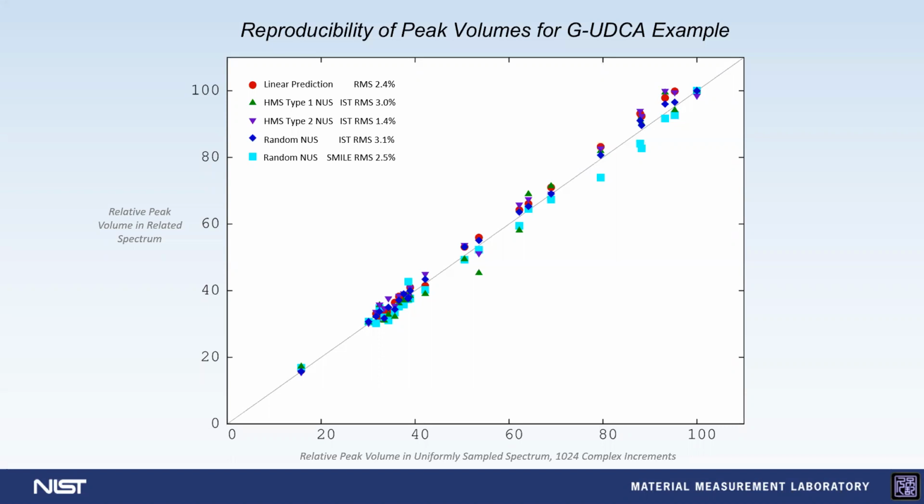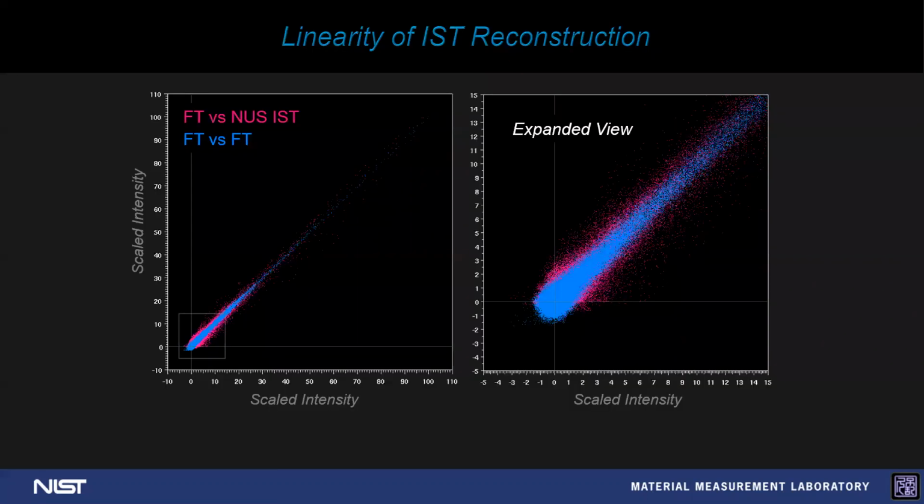So we did see this example from the data, which is extraction of volumes from small molecule proton carbon data. In these examples, which were reconstructed by NMRPipe's IST and SMILE, all of the results give comparable accuracy for the volumes.